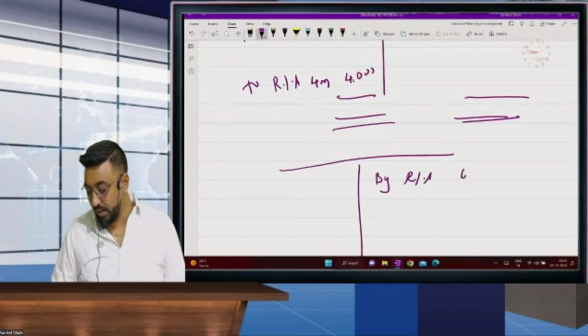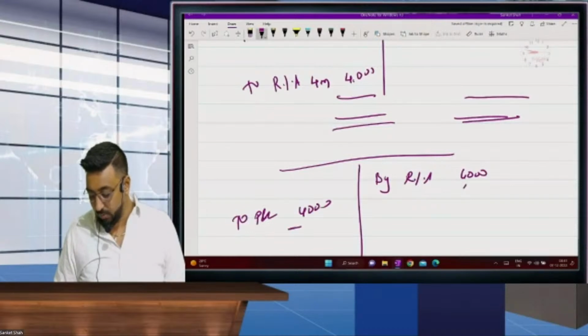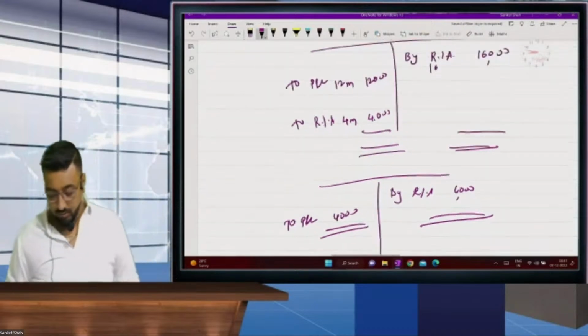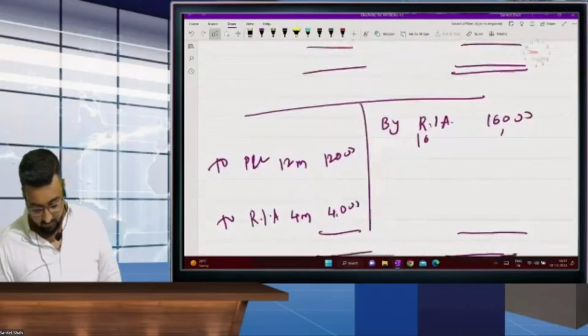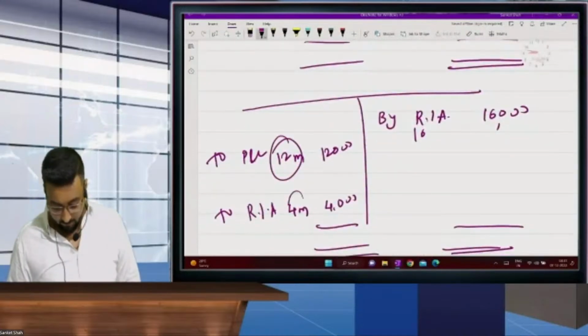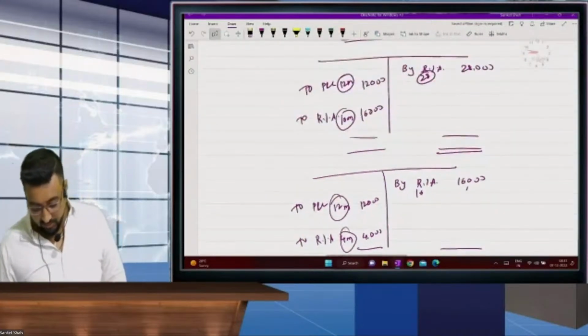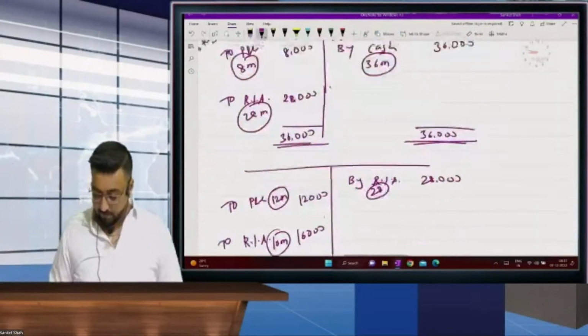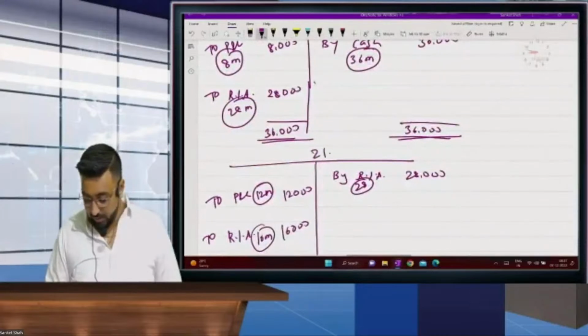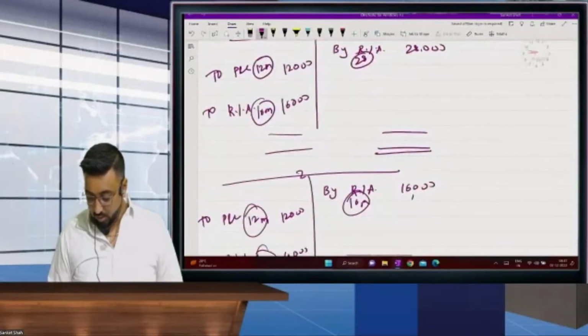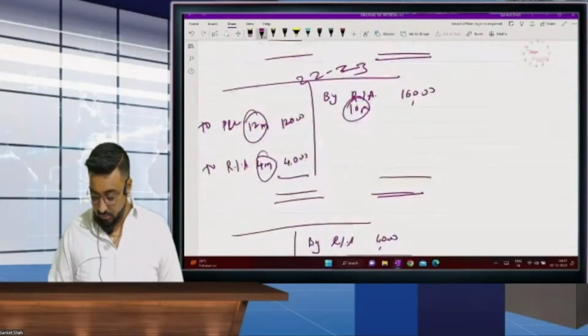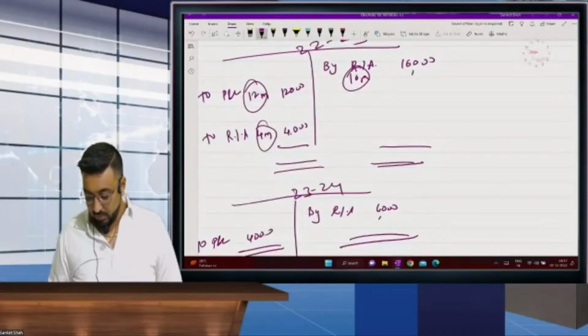By received in advance, 4,000. To P&L 4,000 for fourth year. Received in advance is very easy question.